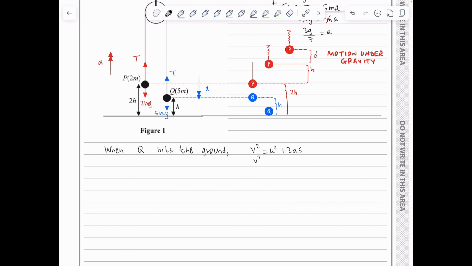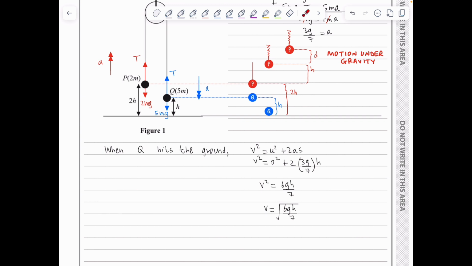So we've got v squared is equal to 0 squared plus 2 times the acceleration, which was found to be 3g over 7, times the distance covered, which is h. So we've got v squared is equal to 6gh over 7. And therefore we conclude that the speed with which we hit the ground is the square root of 6gh over 7. And this is exactly the same speed with which P will start the final leg of the journey.